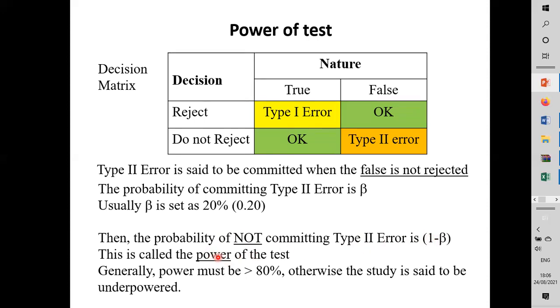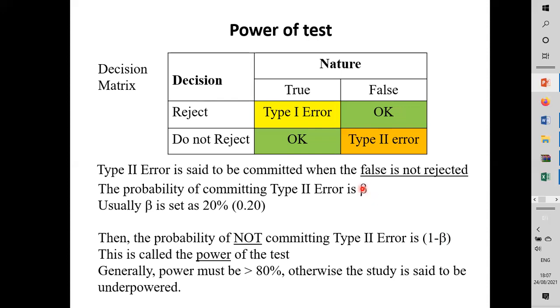Now, if I say my power is 90%, that means not committing error is 90%, isn't it? How much is error then? Less than 10%, it's 10%, right? Is it less than 20%? Yes, that's good. Supposing my power is 60%. 60% not committing error.